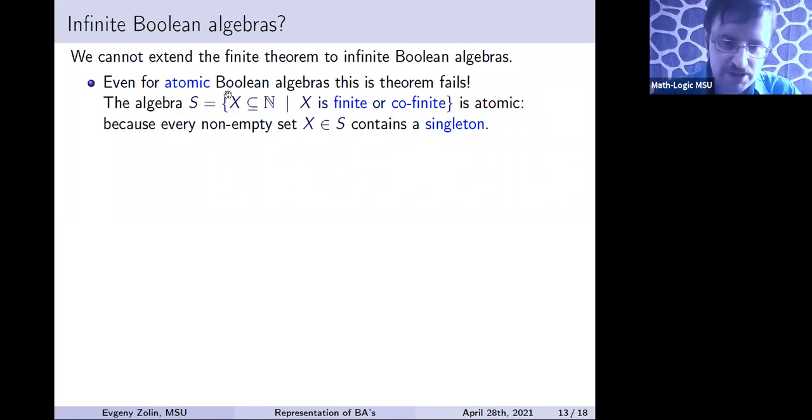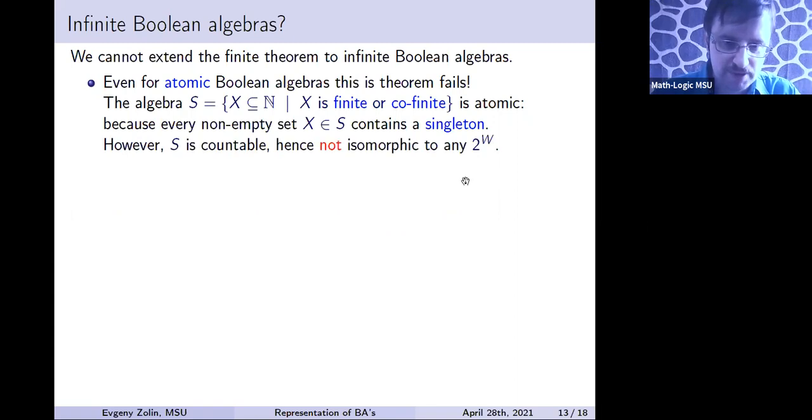If it is non-empty, it has some element A. So {A} is a singleton, is an atom. This atom belongs to S because S has all finite sets. So every non-empty set has an atom below it. But still, we know that this algebra is not isomorphic to 2 to the power ω.